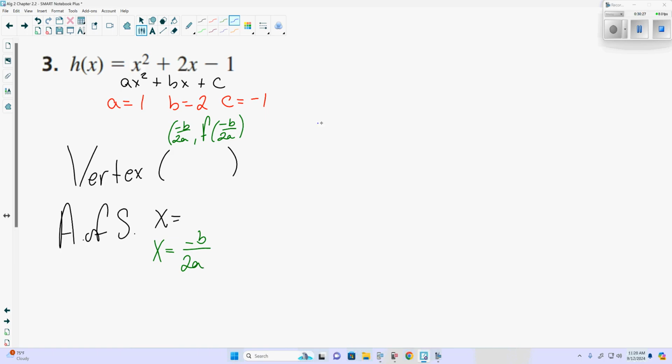So the first thing we need to find is negative 2 over 2 times 1, or negative 2 over 2, which is negative 1. So the x value of the vertex is negative 1, and the axis of symmetry is x is equal to negative 1.